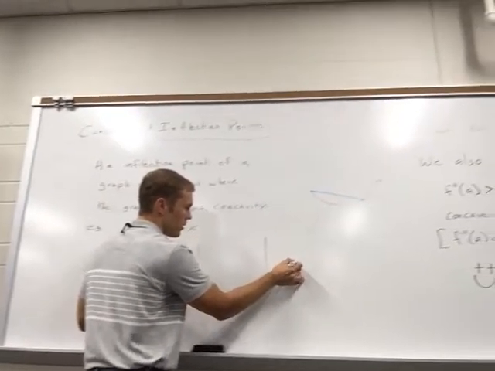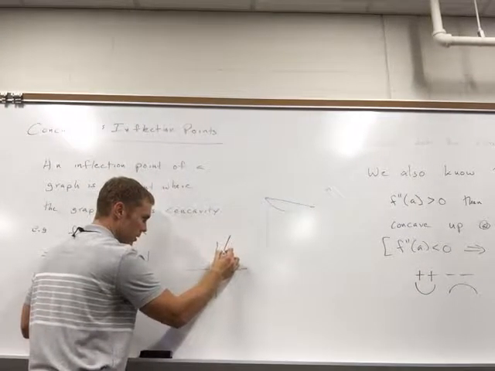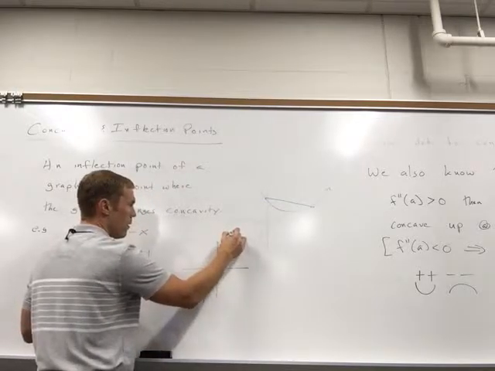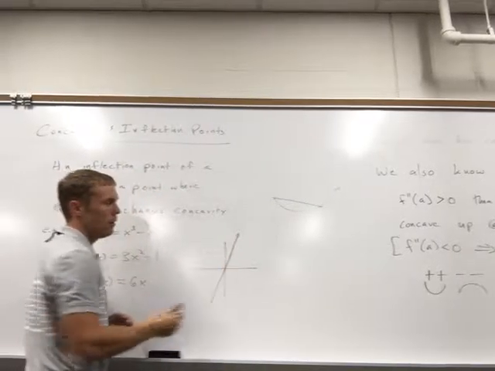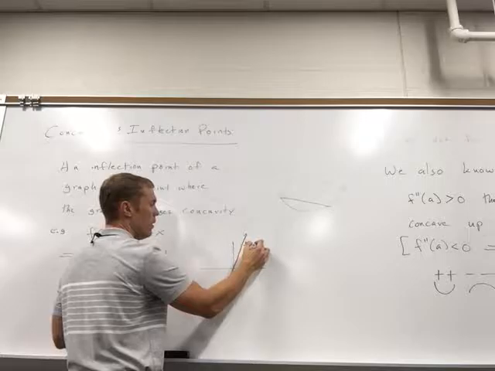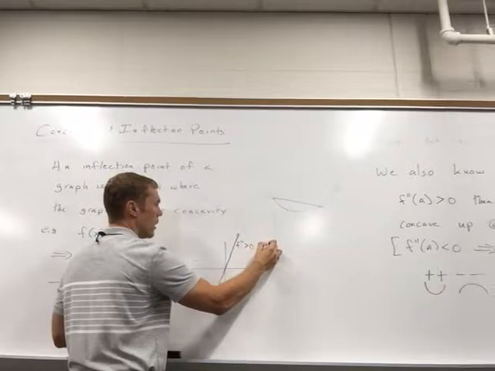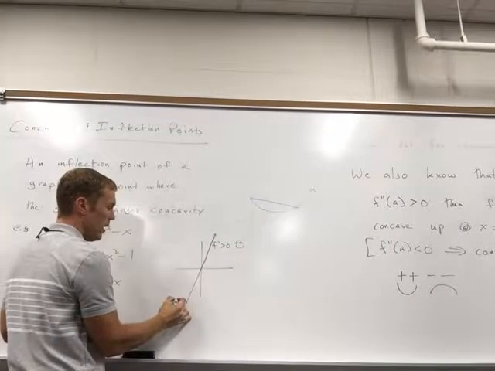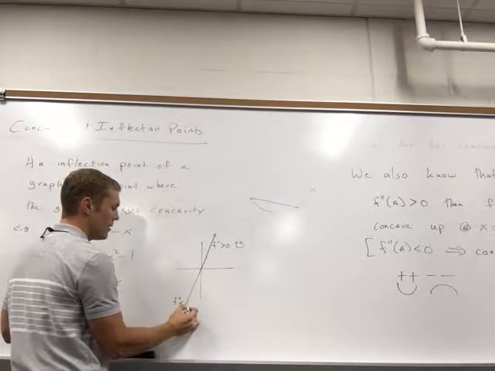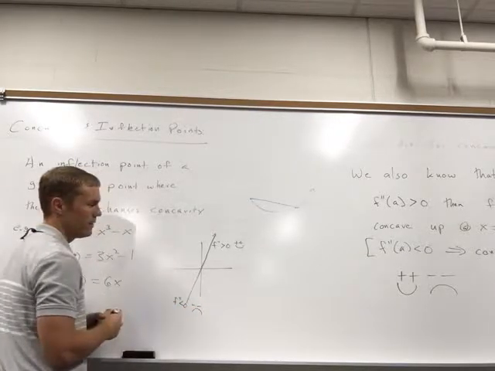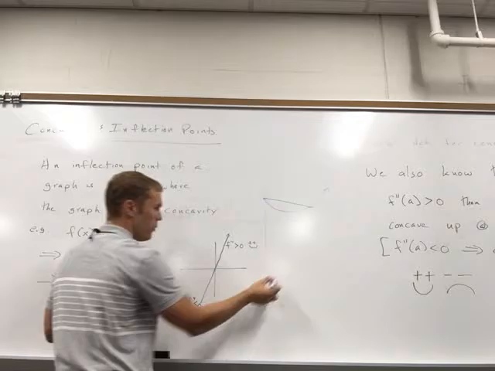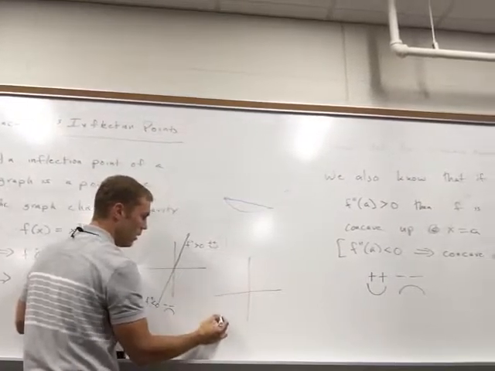Looking at a very quick sketch of said function, look at this graph here. Over here, f double prime is greater than 0, concave up. Over here, f double prime is less than 0, so concave down, which does jive with the picture we've seen before.